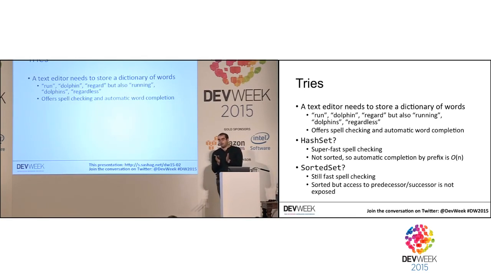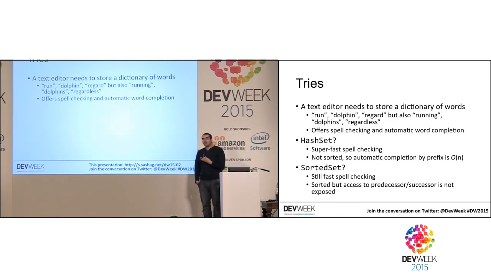So we need to check if a word is in our dictionary. And two, we need to find all the words which are prefixed by another word that the user has already typed. If you think about this, I mean, there are some collections which seem to be appropriate, like maybe a hash table of some sort, or a tree, but there isn't quite anything that satisfies all of those requirements.